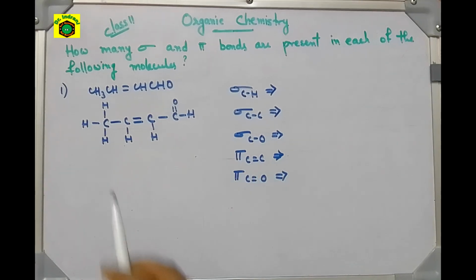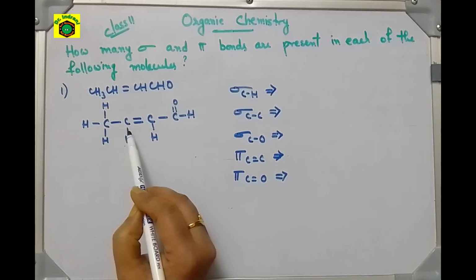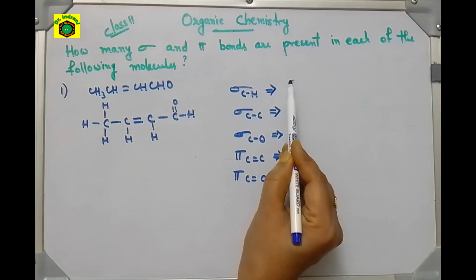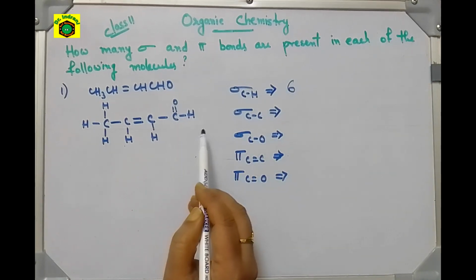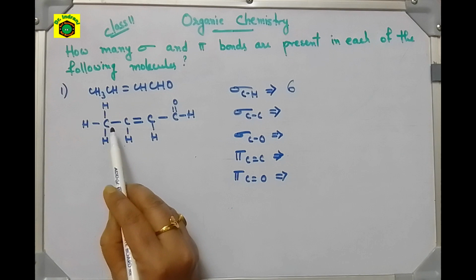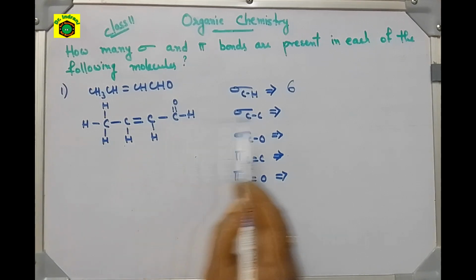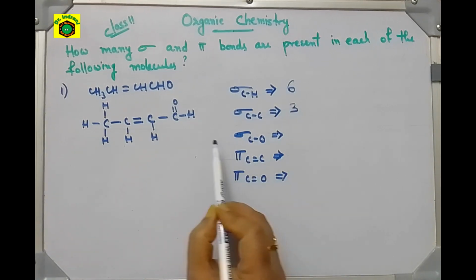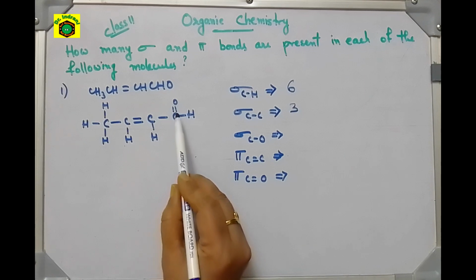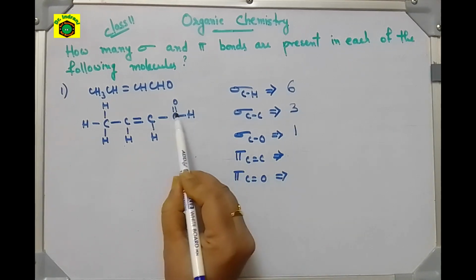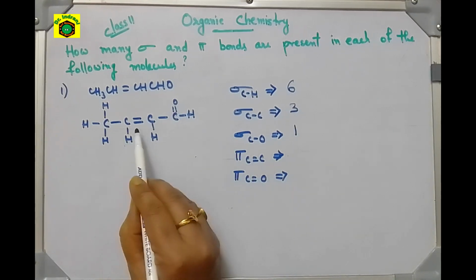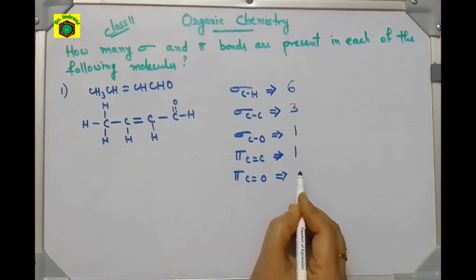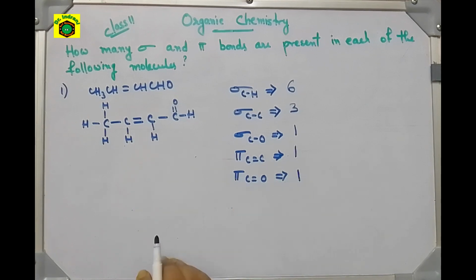Now 1, 2, 3, 4, 5, 6. So 6 CH sigma bonds. Now CC sigma bonds 1, 2, 3. CO sigma bond 1. Because here one is sigma, another is pi. CC pi bond 1, CO pi bond 1. Done. Next problem.